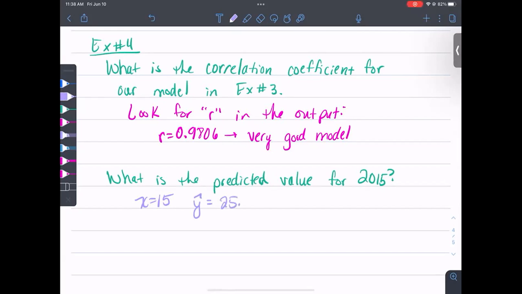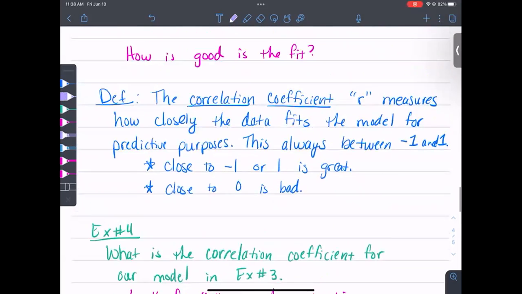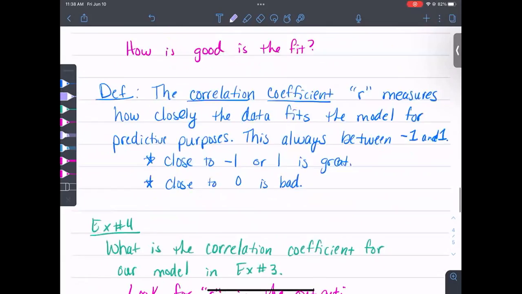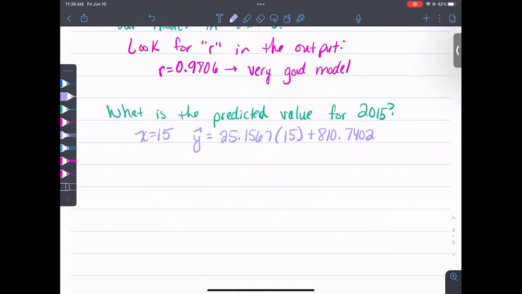So 25.1567 times 15 plus 810.7402. That's our Y hat from up here. If you calculate that, you'll get 1188. So that many faculty members are about how many there were in 2015.